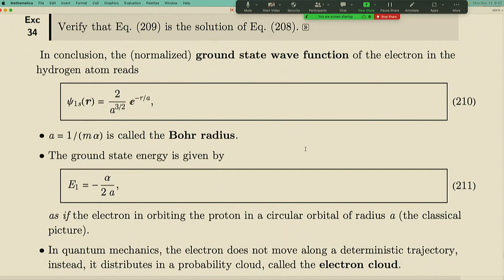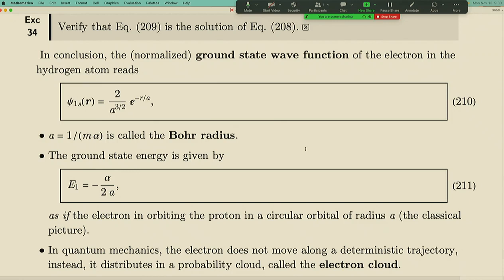And this ground state has the energy given by minus alpha over 2a, as if the electron is orbiting around the proton in a circular orbit of radius a. Because in classical mechanics, if an electron orbits a proton with this radius, you can use classical mechanics to calculate its energy. You'll find this energy is exactly this one.